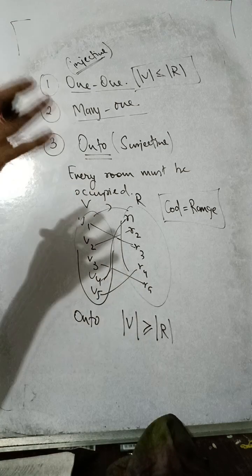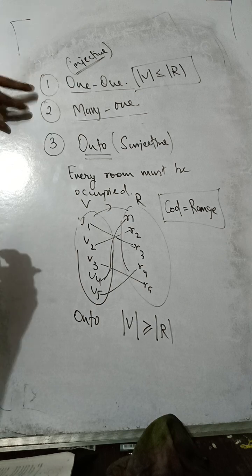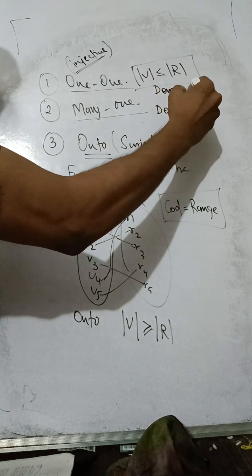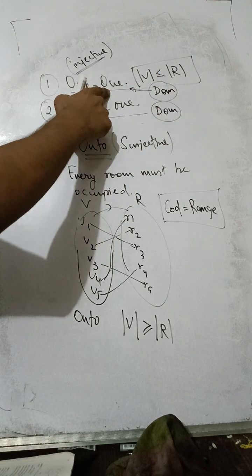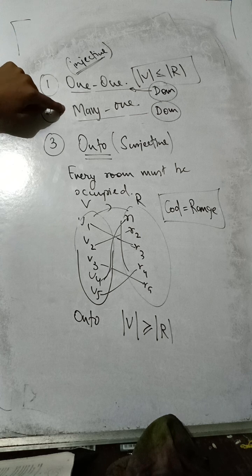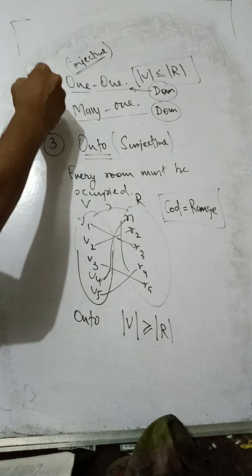Now notice one thing. In one-one and many-one, we were talking about the domain. We were more interested in the domain, right? We were saying that the visitors should move into different rooms in this case, and in this case we talked about at least two visitors moving into the same room. So in both these cases we were more concerned not about the rooms, but about the visitors.